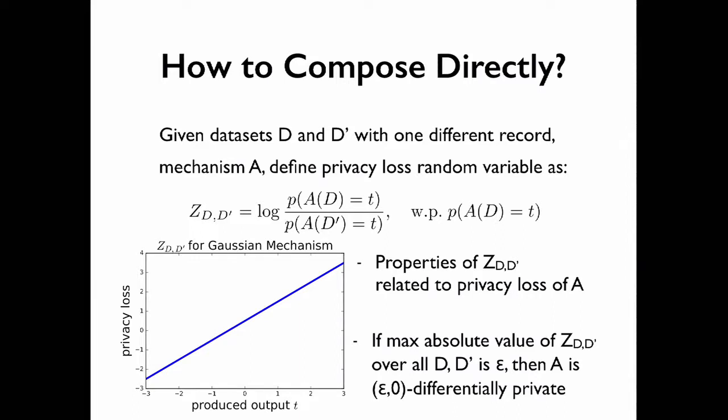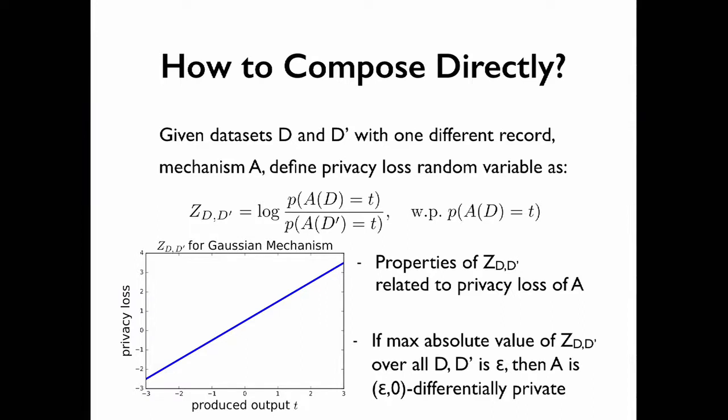And the properties of Z_{D,D'} are related to the privacy loss of A, right? So, for example, if you look at the maximum absolute value that Z_{D,D'} can take over all D and D prime pairs which differ in a single record, and you can show that this maximum absolute value is at most epsilon, then the mechanism A would be epsilon, 0 differentially private.